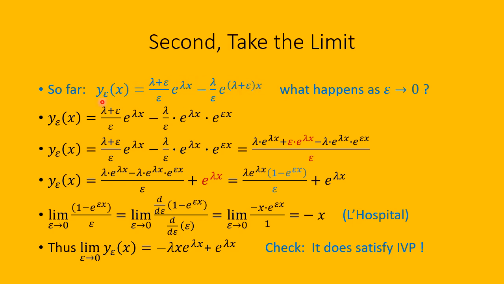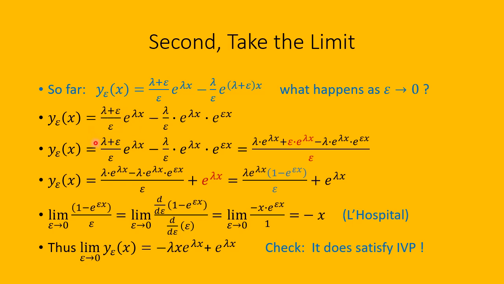Let's manipulate this algebraically a little bit so we can see what happens when we take a limit. First of all, e to the lambda plus epsilon, that quantity times x, can be broken up using laws of exponents into e to the lambda x times e to the epsilon x. The rest of this we'll just copy down here.